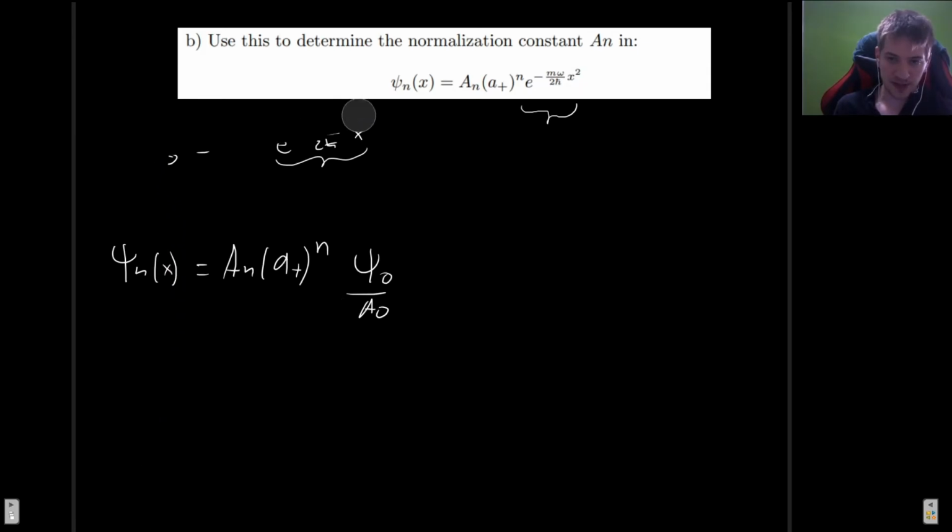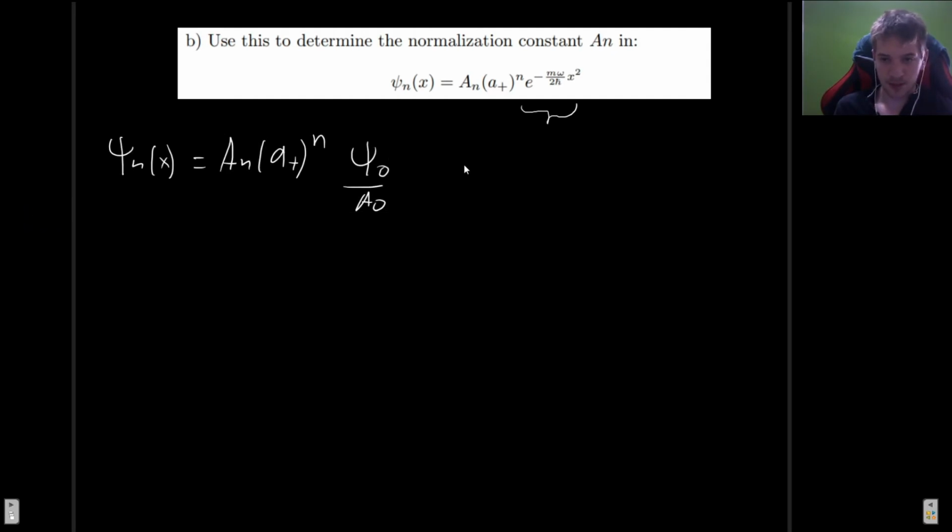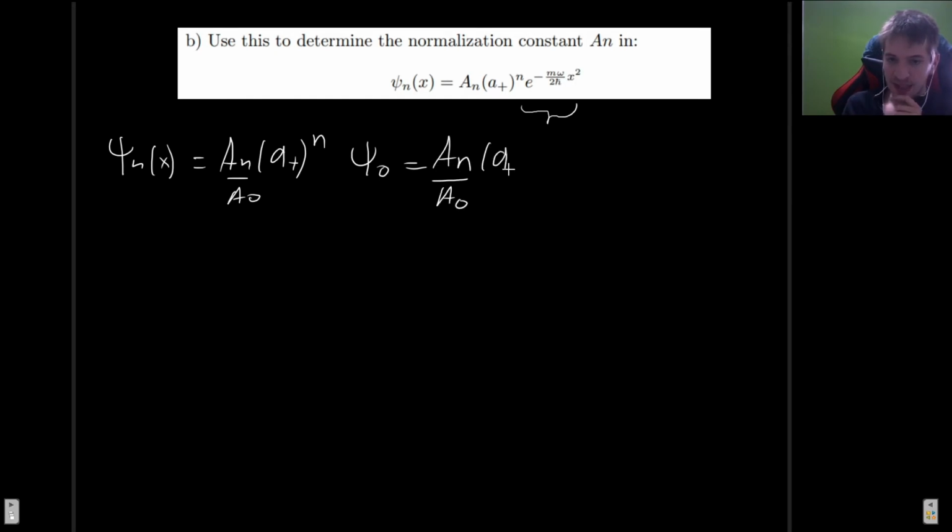I'm going to erase this and put all of this just a little bit further up. Okay, so now I'm also going to put this a0 at the front because it's just a constant and it doesn't really make sense to have it there. So now we're going to let one of these operators act on psi 0. So I'm going to leave this as an divided by a0 times, and now since we took one of these operators out, it's only going to be n minus 1.